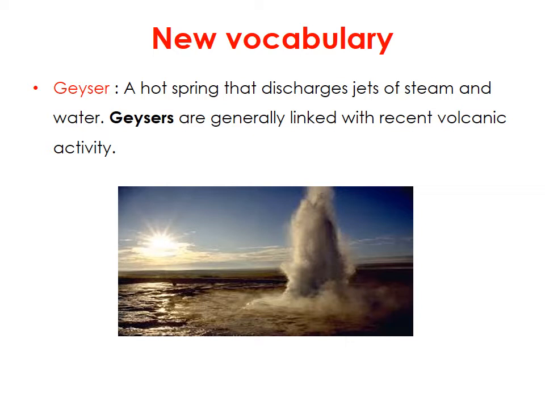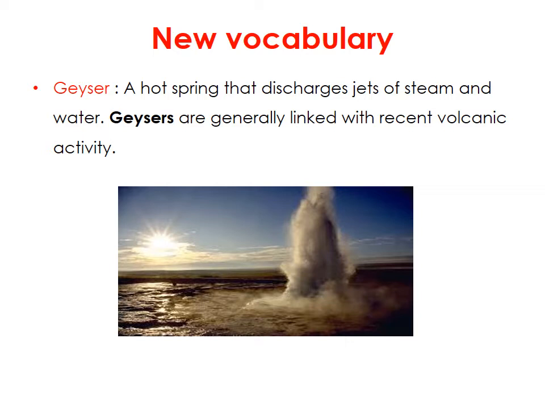Our first word and our most important word for today is a geyser. What's a geyser? As you can see in the picture, a geyser is a hot spring that discharges jets of steam and water. How do we understand what a geyser is linked to, Miss Nahla? It is linked with volcanoes.